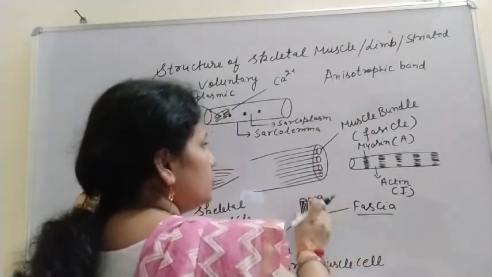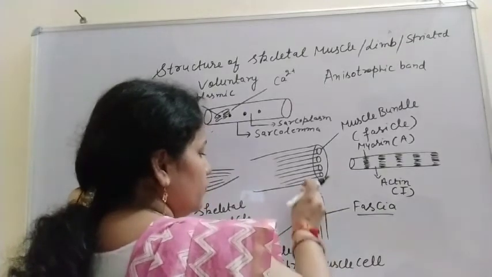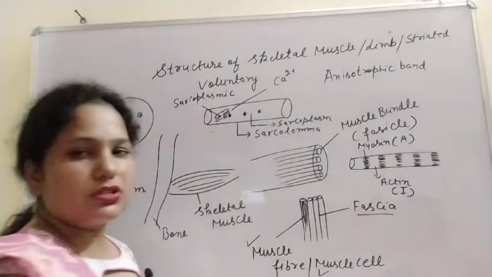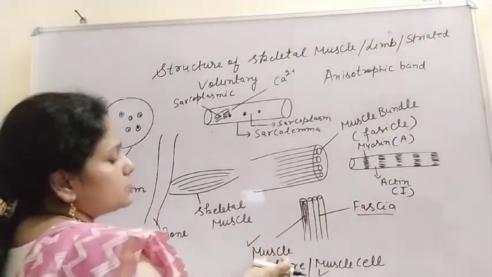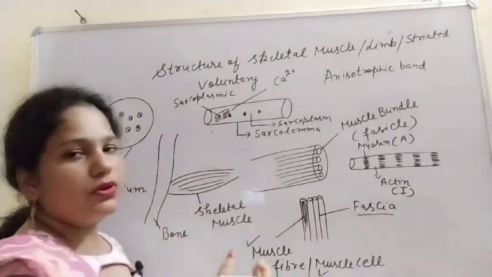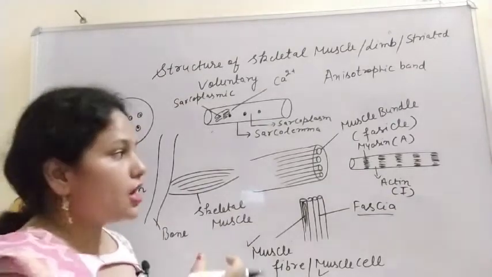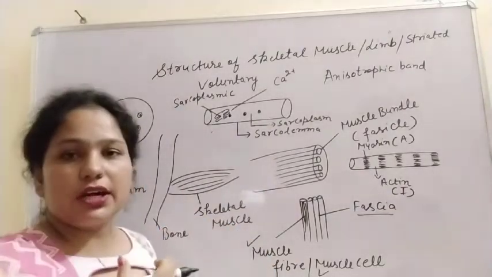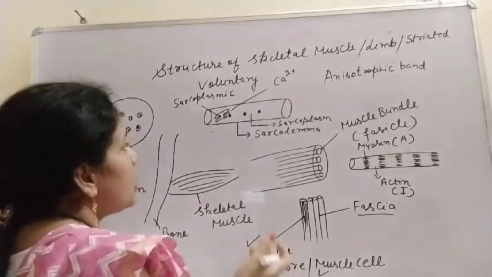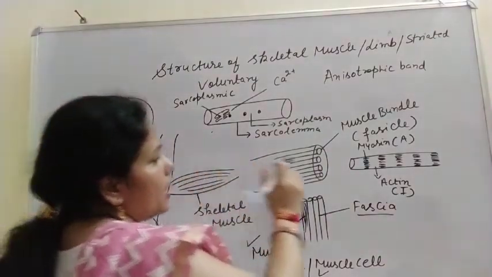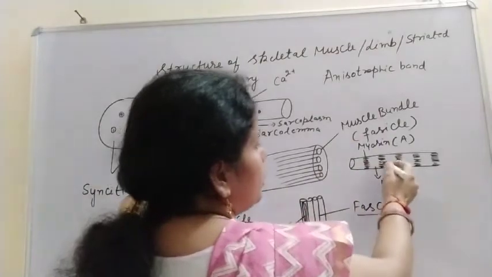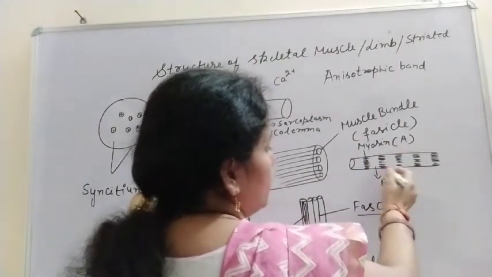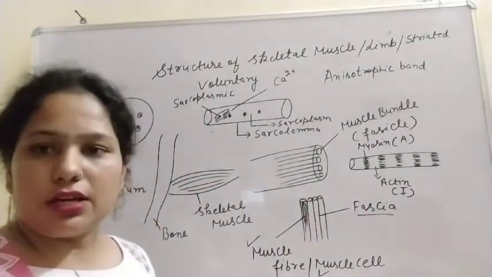In these muscle bundles there are different fibers known as the muscle fiber or the muscle cell, and in the muscle cells different fibers are arranged, and these fibers are known as myofibrils. Myo word is related to muscles, and these myofibrils have the dark and the light band. So dark band for the myosin protein and light band for the actin protein.